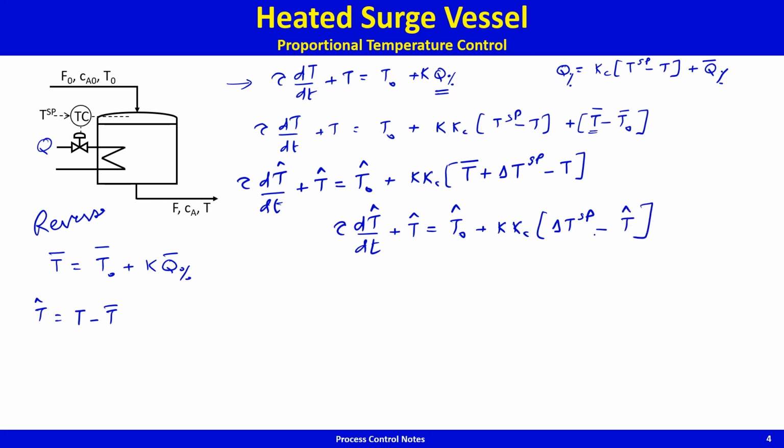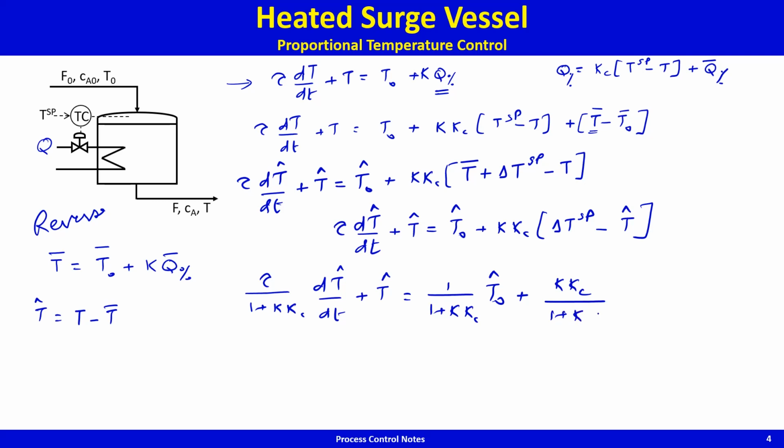Now take that t tilde term to the left hand side, and what we get is tau over 1 plus kkc, dt tilde by dt plus t tilde, is equal to 1 over 1 plus kkc t naught tilde plus kkc over 1 plus kkc into delta t set point.